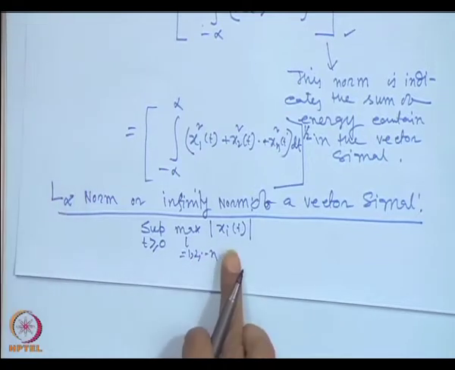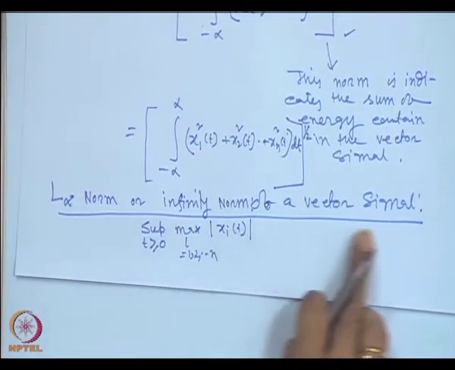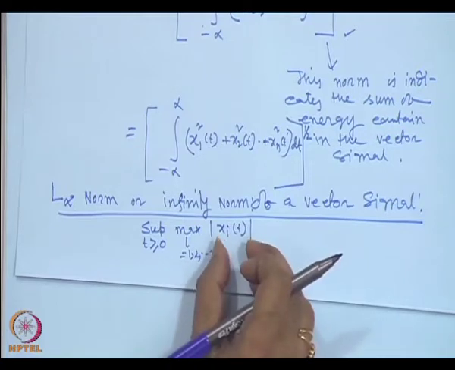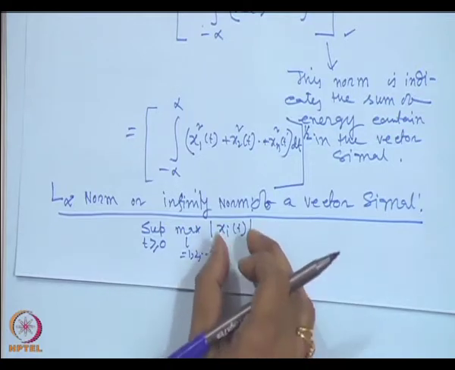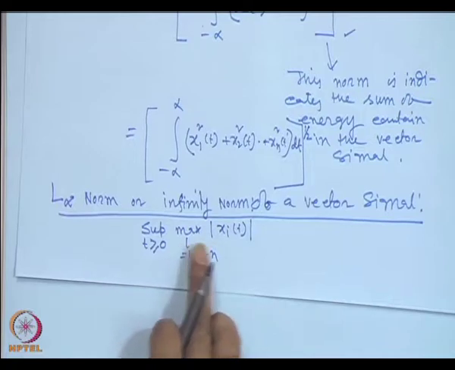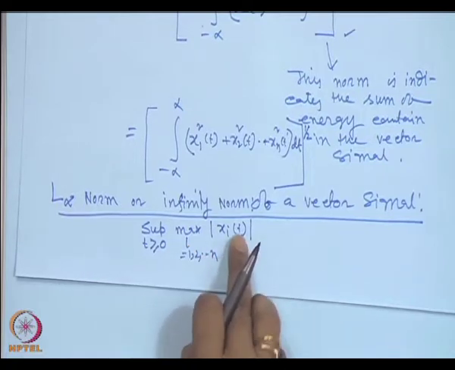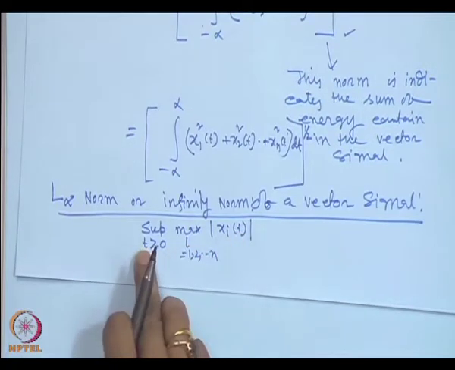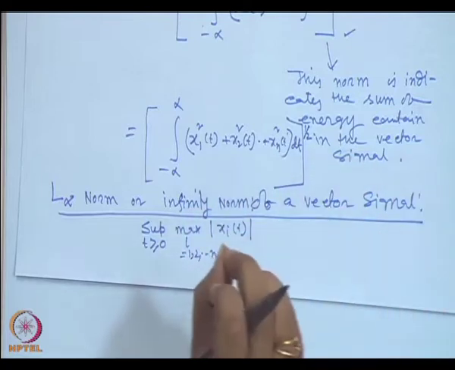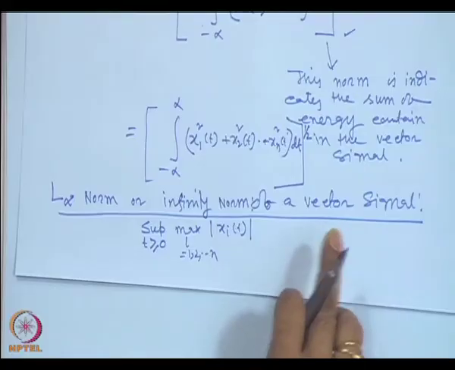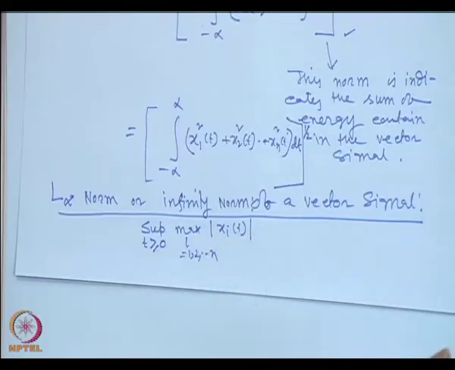What does it mean? The infinity norm of a vector means that for x of t, you vary i from 1 to n, x1, x2, and so on, over the period t from 0 to t greater than 0, and out of this you note down which one is the maximum. Then for i equal to 2 over the period, what is the maximum you note down?